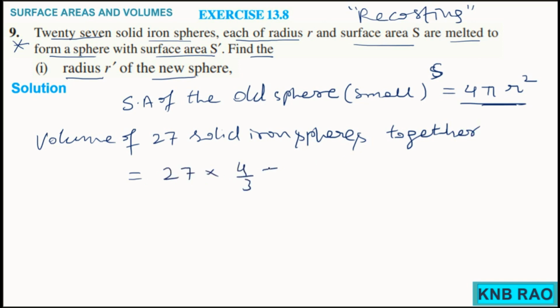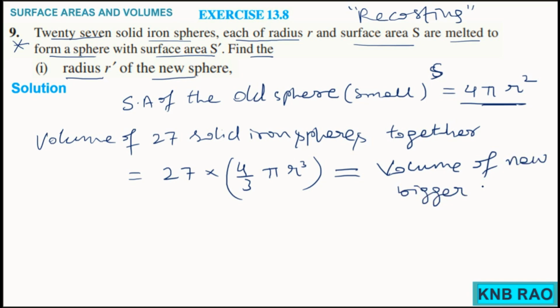Volume of 1 is 4 by 3 pi r cube. That means here 27 into 4 by 3 pi r cube is equal to the volume of the new bigger sphere.